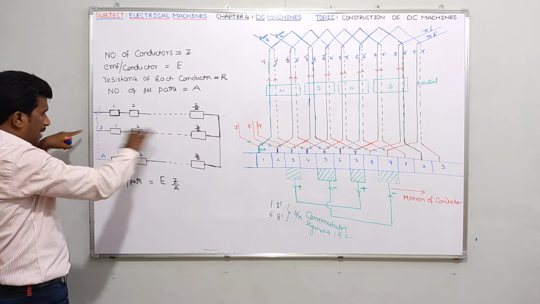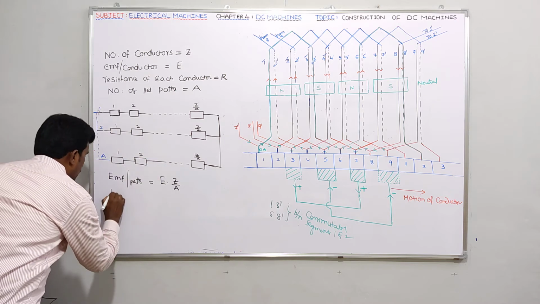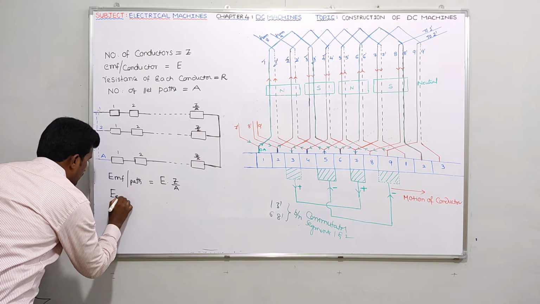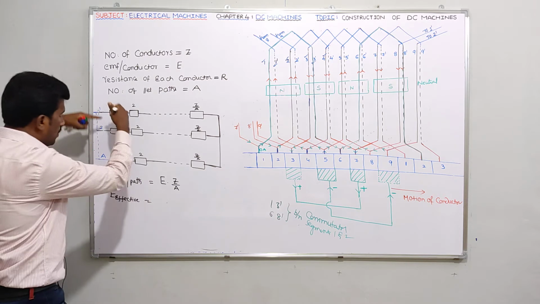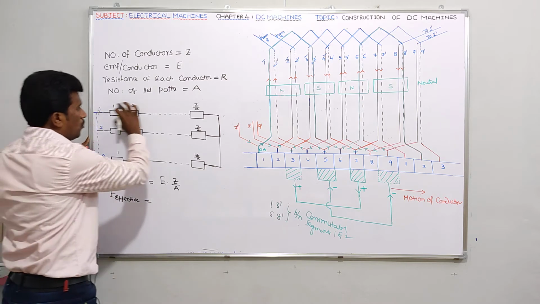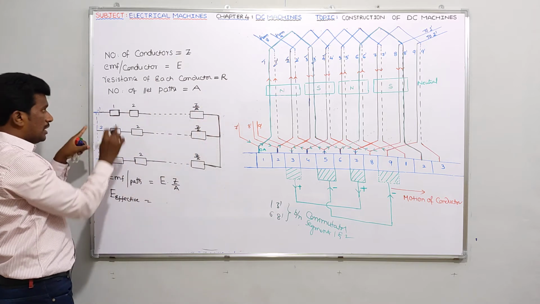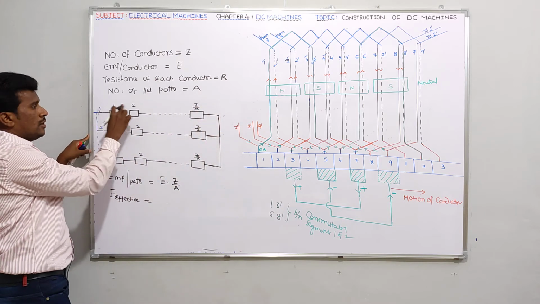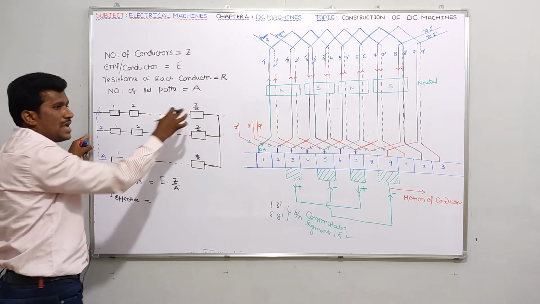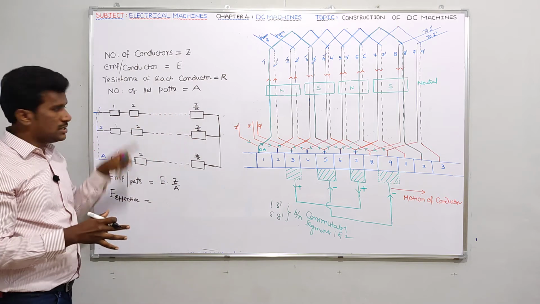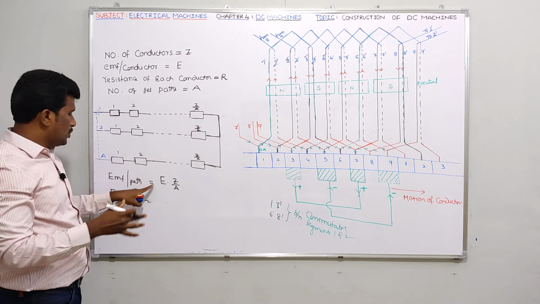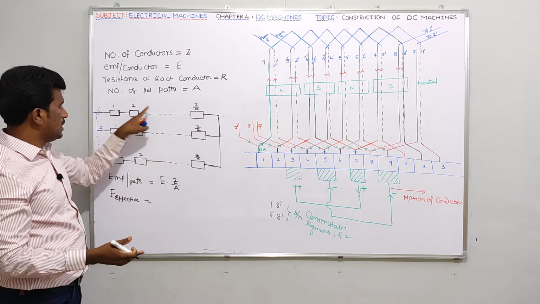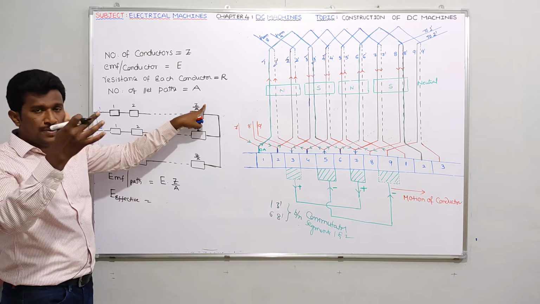Since they are in parallel, what about the effective EMF? I'm asking the effective EMF across all parallel paths. For each conductor, E is the EMF, and you have Z by A conductors in series in each parallel path. If they are in series, definitely you should add: E plus E plus E and so on up to Z by A conductors.